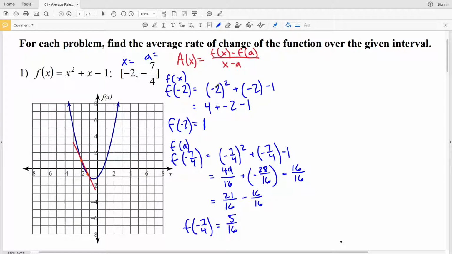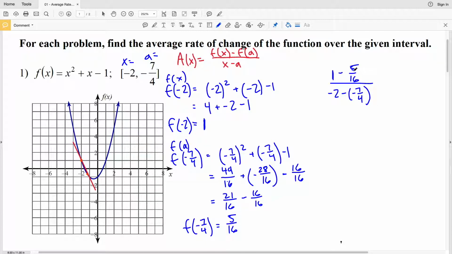Now looking back at our average rate of change formula, we have A of x, the average rate of change over the interval. So we'll have f of x, which f of -2 was +1, and we're going to be subtracting f of -7/4, which was f of a, so subtracting a positive 5/16, and that's all over x minus a, so negative 2 minus negative 7/4.